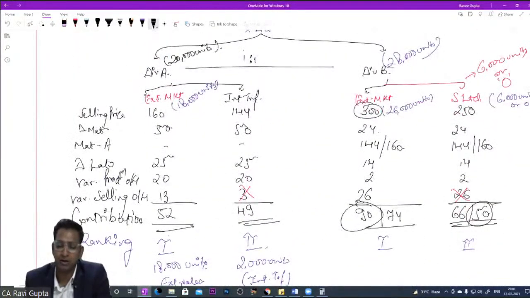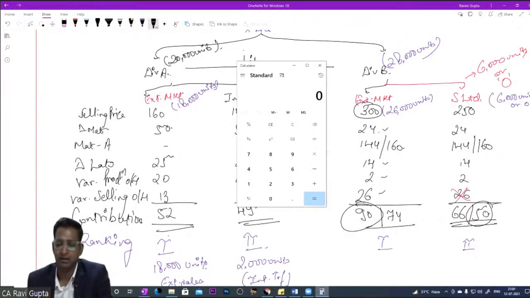What are the other costs like 24 rupees, 14 rupees, 2 rupees and 26 rupees? So let me add it. 24 plus 14 plus 2 plus 26 is 66 rupees.